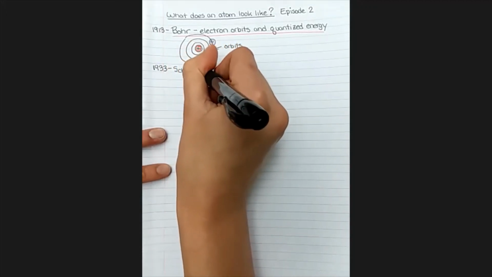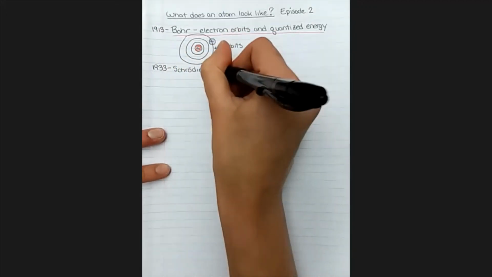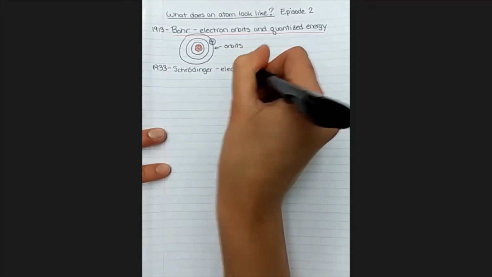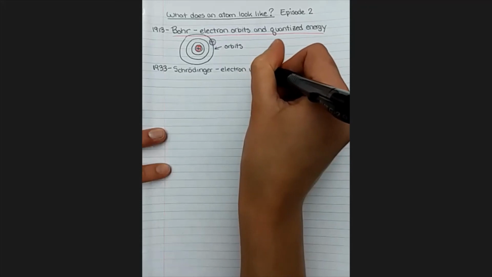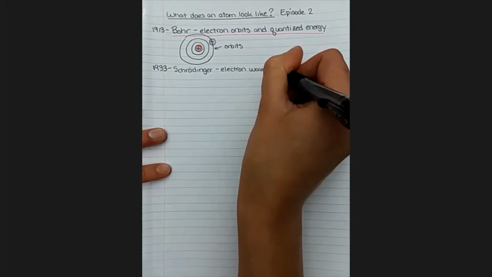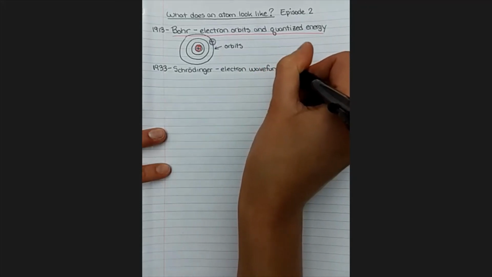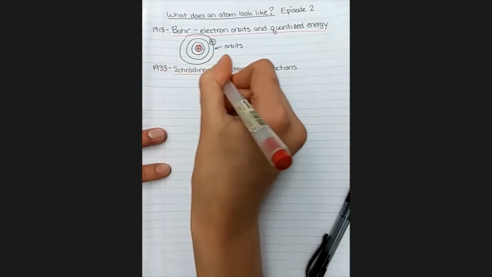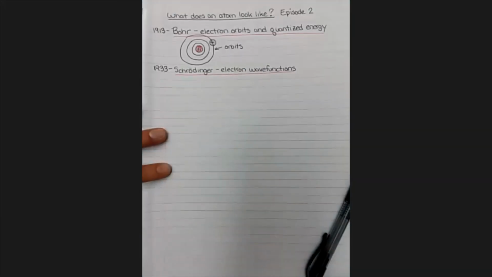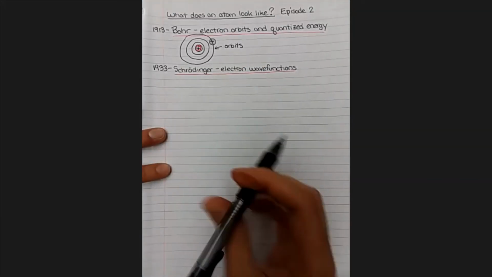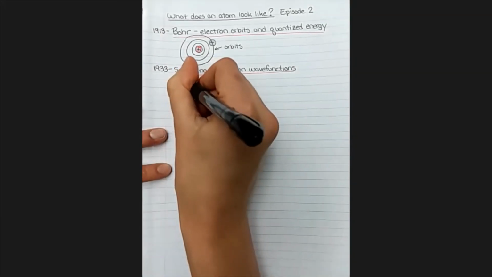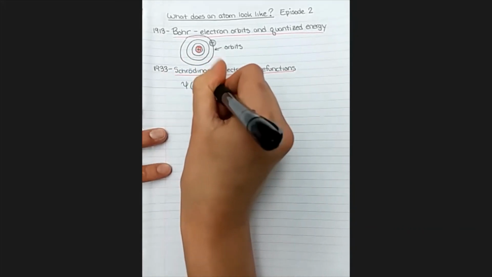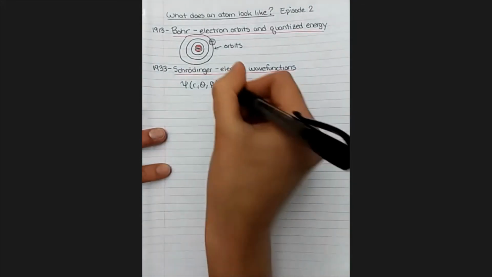And so our final stop on what the atom looked like, the most accepted, most recent version, is the Schrodinger model. And Schrodinger introduced electrons as wave functions. So basically, what that means is that our most current version of the atom is math. It is an equation. So our model for the atom is some sort of a wave function with 3 variables in it.